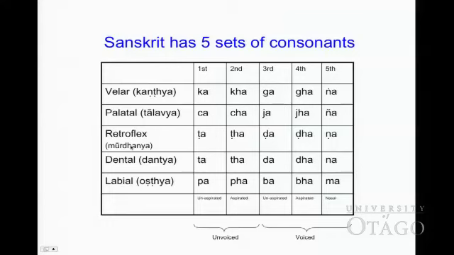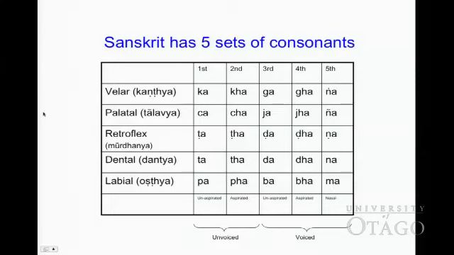The third one is retroflex, or murdhanya. Start from ta, tha, da, dha, na. The fourth one is dental, or dantya. Start from ta, tha, da, dha, na. The last one, the fifth set, is labial, or oshthya. Start from pa, pha, ba, bha, ma.